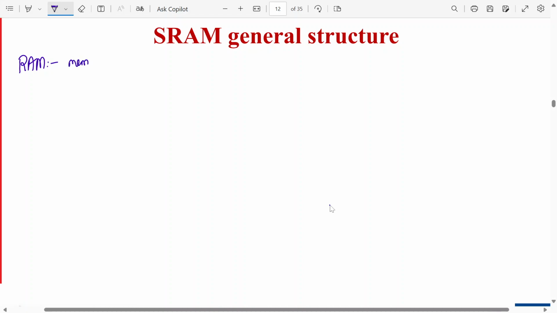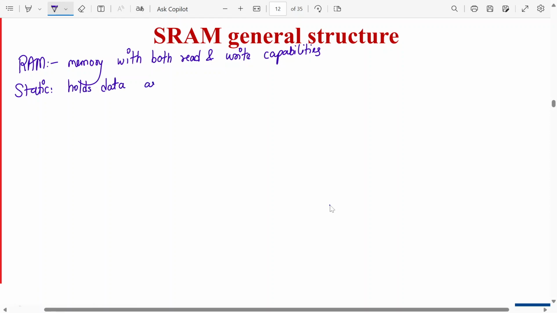Why is it called static? Static means it holds data as long as supply or power is applied. That is actually called SRAM, static RAM, static read write memory.